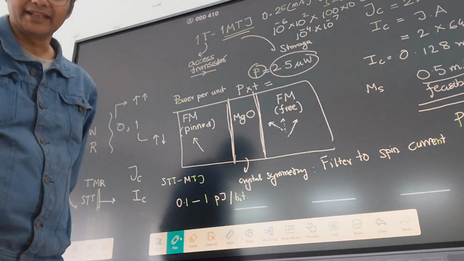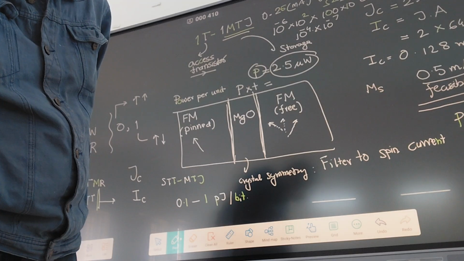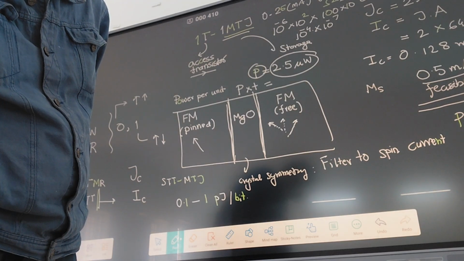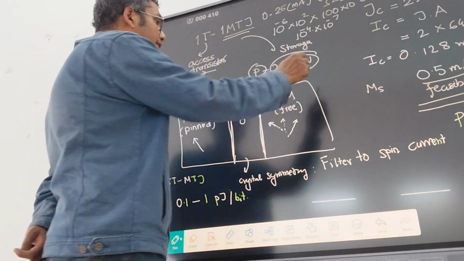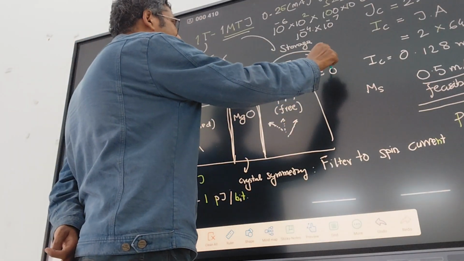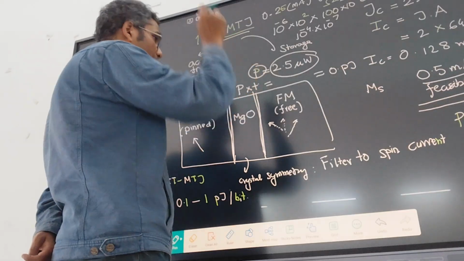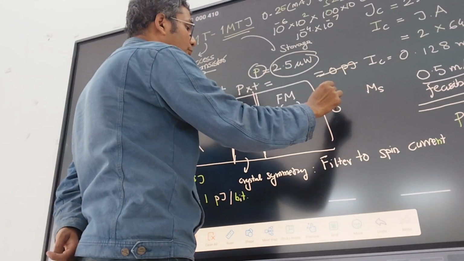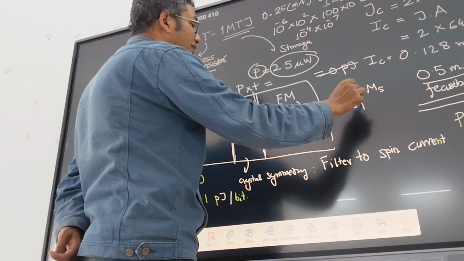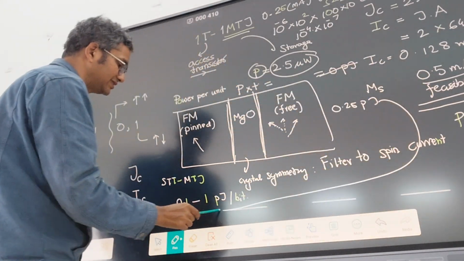And we are getting the power as 0.25 picojoules. If we multiply with time, we get 0.25 picojoules. Right? Now this is within this range.